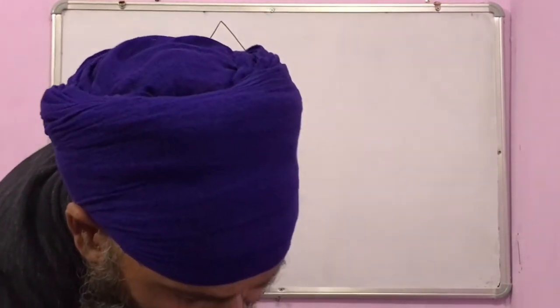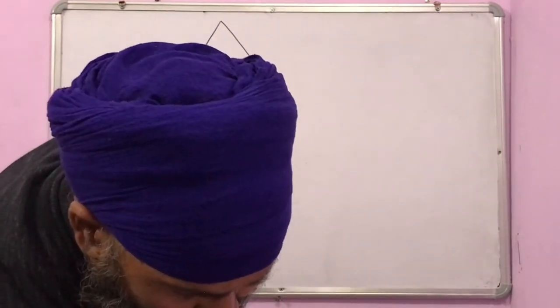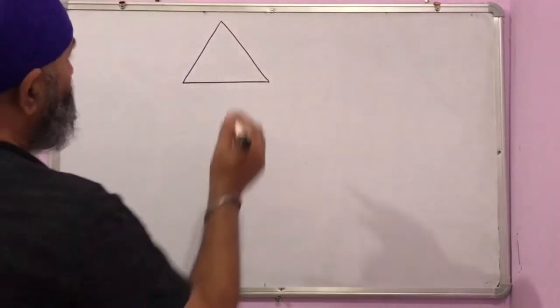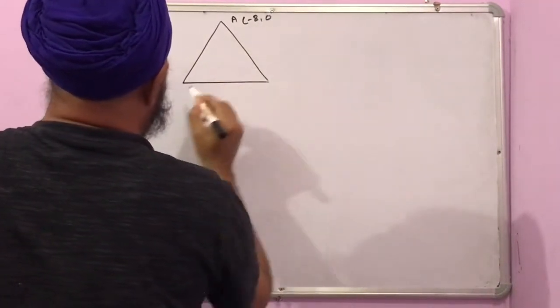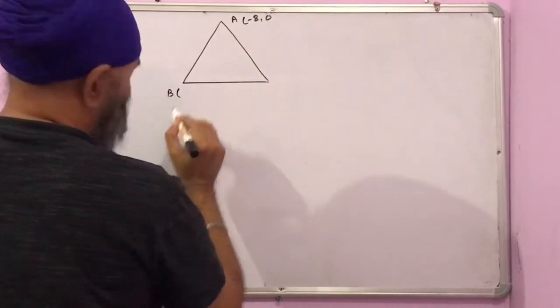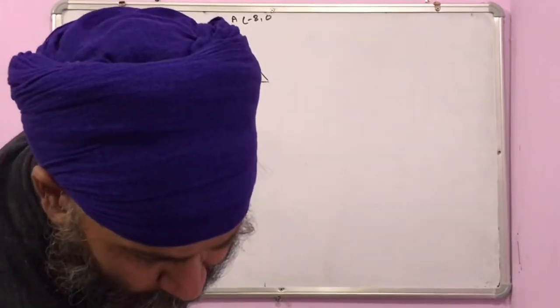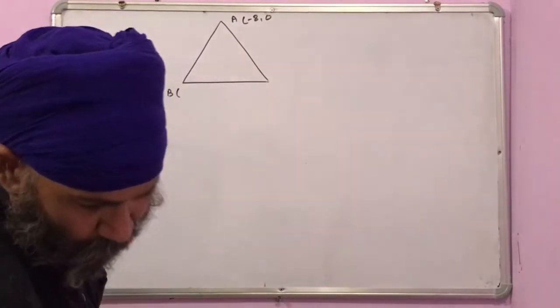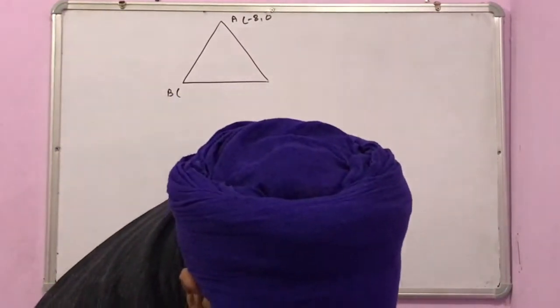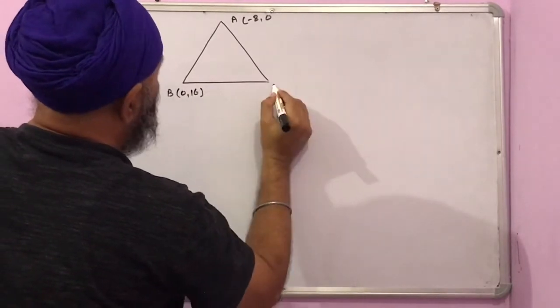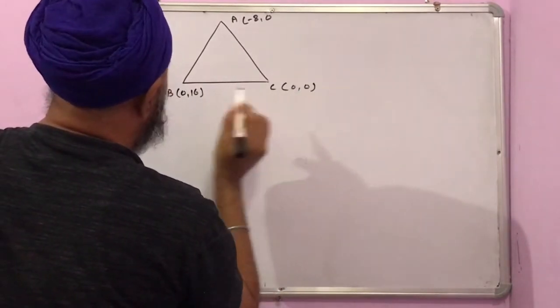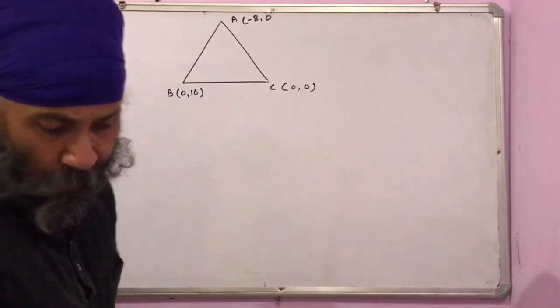A is (-8, 0), B is (0, 16), C is (0, 0).